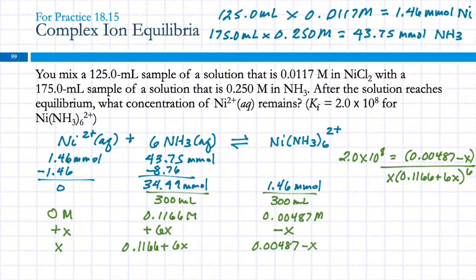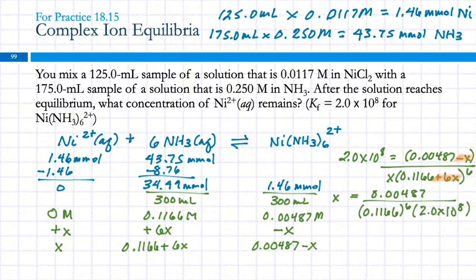This is a situation where x is going to be small. So x is small means I can ignore those minus and plus x's. So x is going to be equal to 0.00487 divided by 0.1166 to the 6th power times 2 times 10 to the 8th.